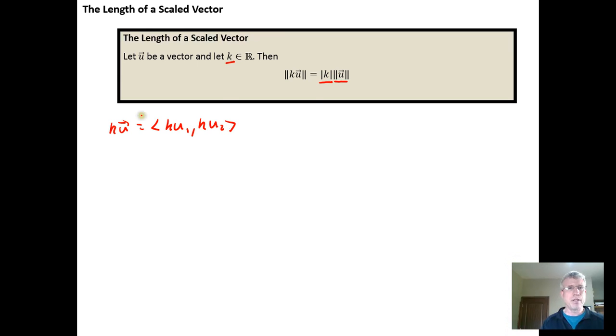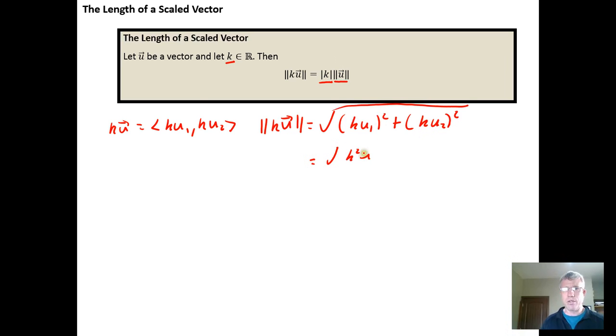So if we want to know the length of k times u, the scaled vector, we would take the square root of the sum of the squares of the components of that vector. So it'd be k times u sub 1 and then k times u sub 2. And then if we do a little simplifying, you would get k squared u sub 1 squared plus k squared u sub 2 squared.